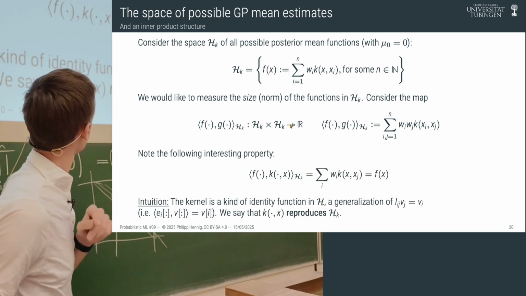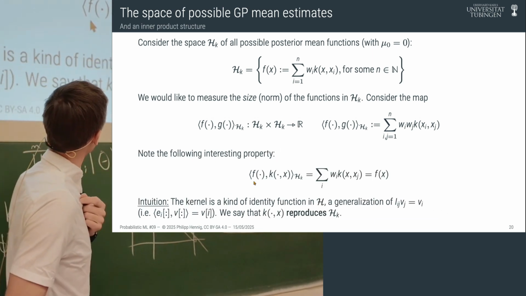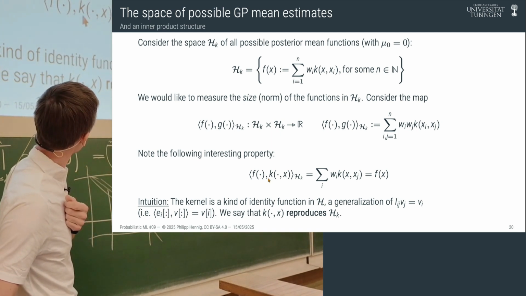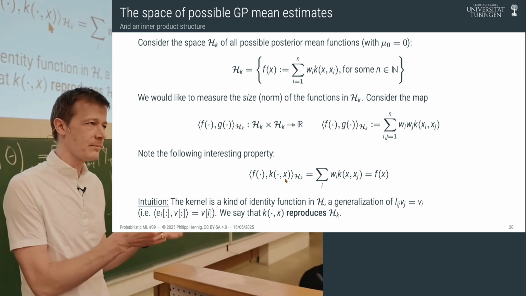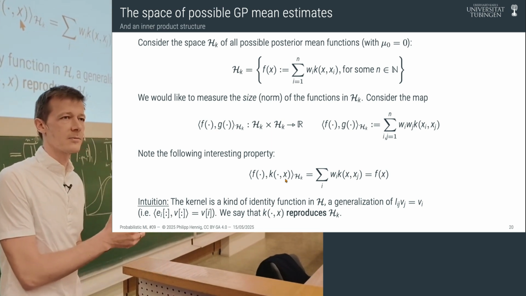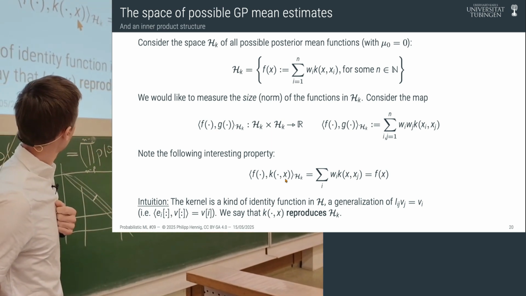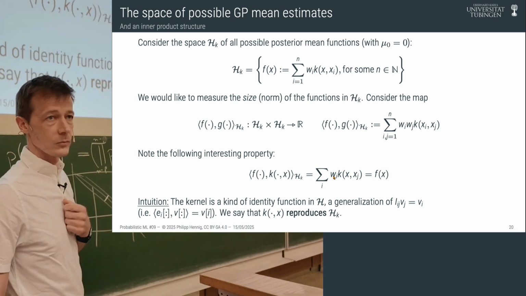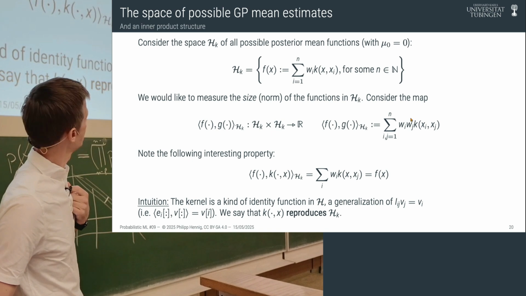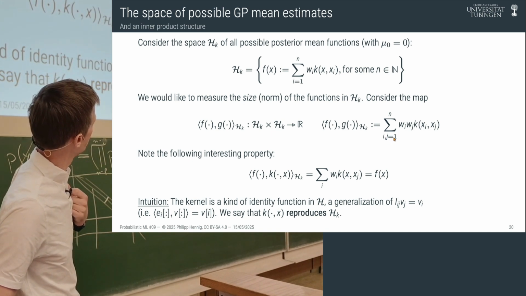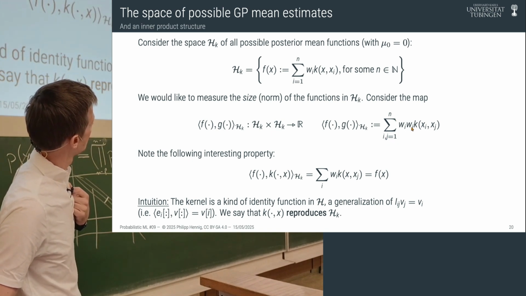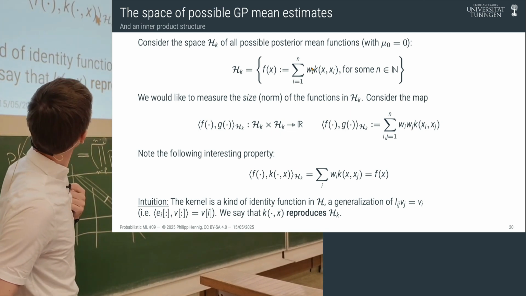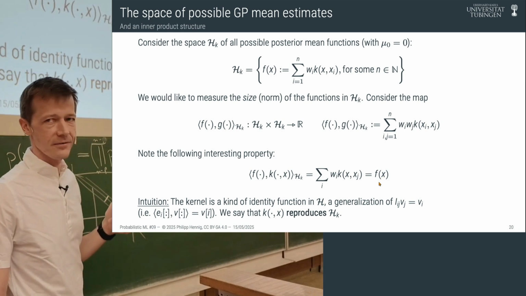That kernel has the interesting property, it's down here, that if we take any function from that space and take the inner product with the kernel, which is the simplest possible function in that space, then by definition of the inner product, we get this object. You just plug it in from up here, right? We said j only goes from 1 to 1, and this one is just a 1, so this is just this sum. And then we can look at the definition of f, and we see, oh, but that's f evaluated at x.